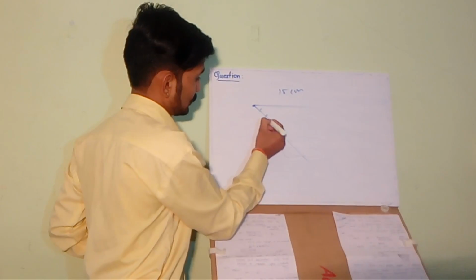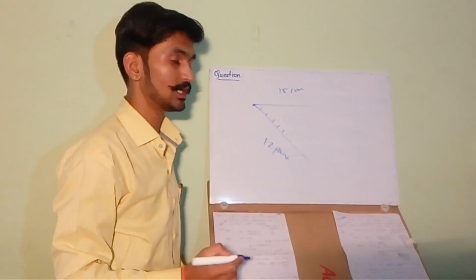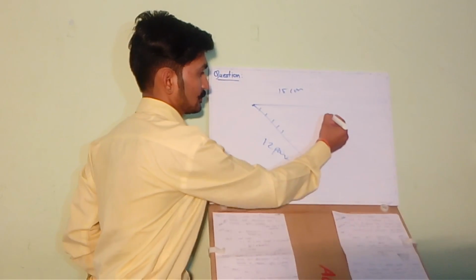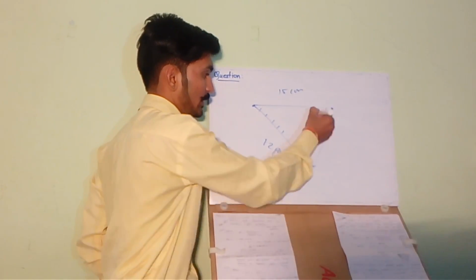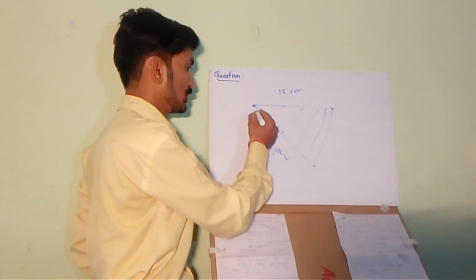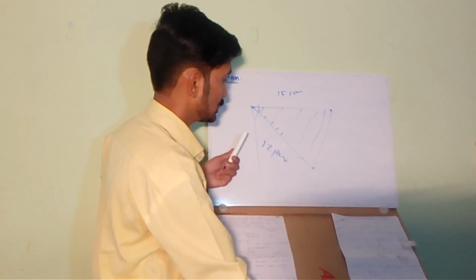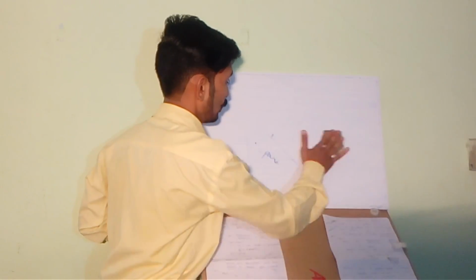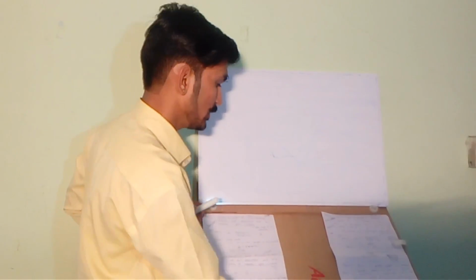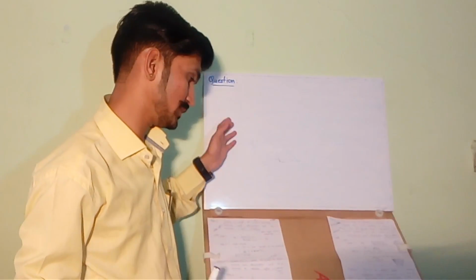Divide this line into 12 equal parts, then join the last intersection point to the end point of the line, draw parallel lines, and do the same thing again what we had done earlier. This is very easy and you already know how to draw, so I'm not wasting much time in this. Let's jump to the next question, which is very similar to this question.